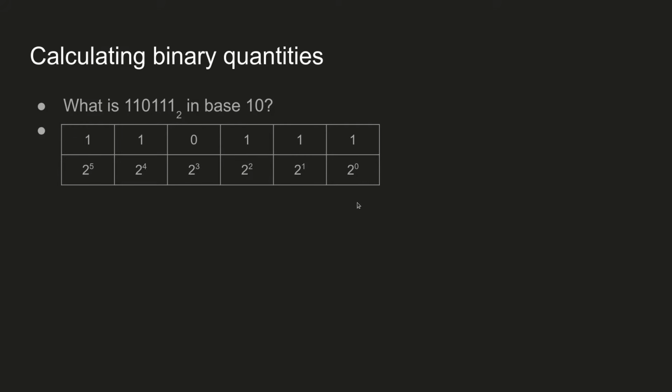And if there's a 1 above the 2, then you add this value to your summation as you're calculating the decimal number. If there's a 0, then you leave it out.